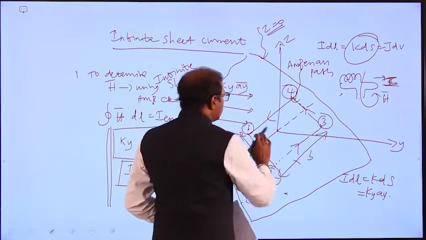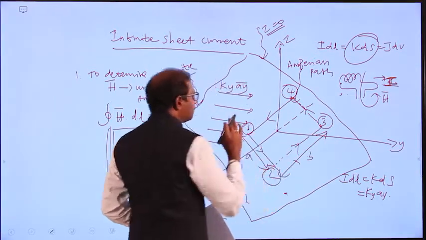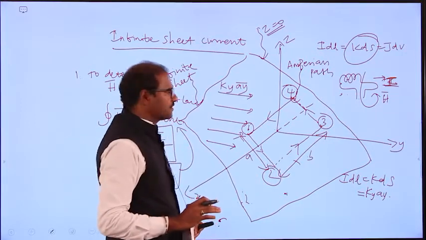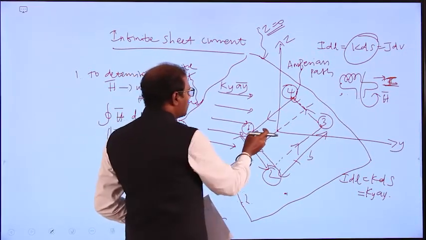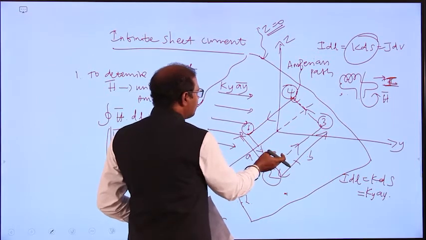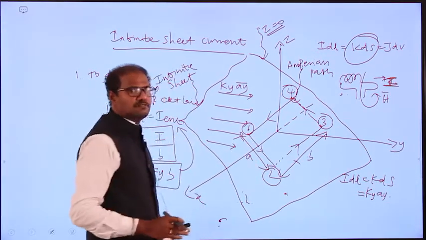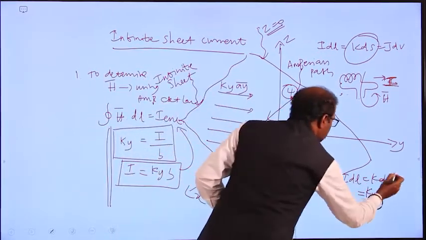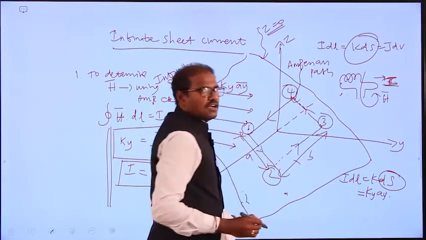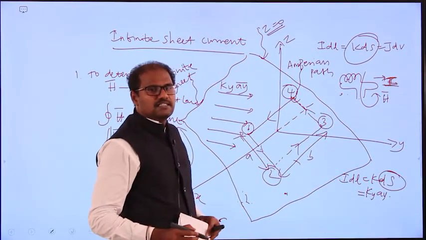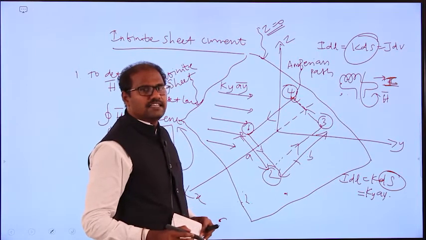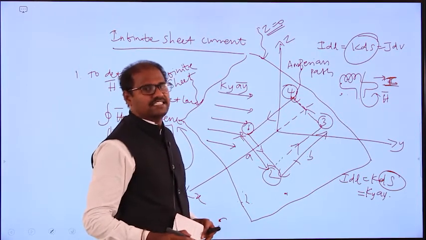In this Ampere surface, dS will be there. We can take dx, dy, dz. Normally dS means dx, dy, dz.